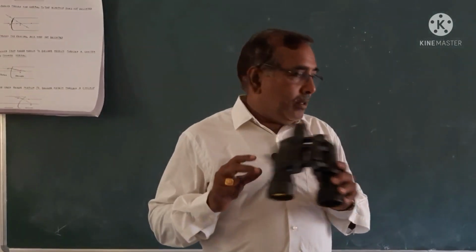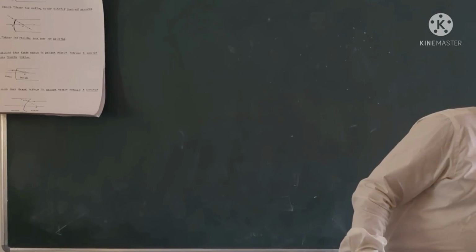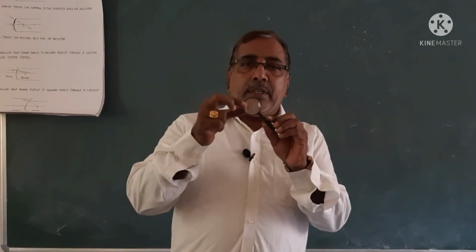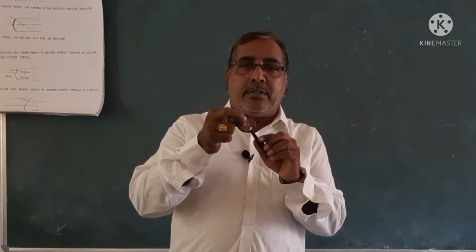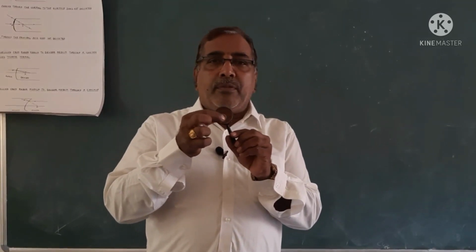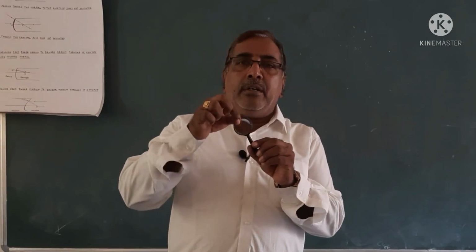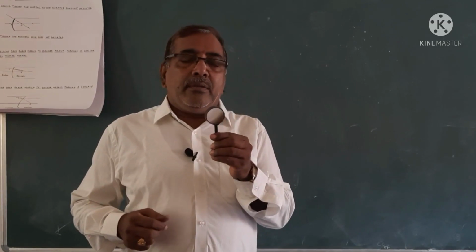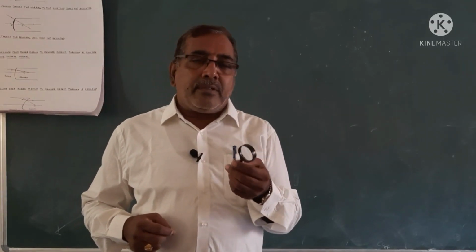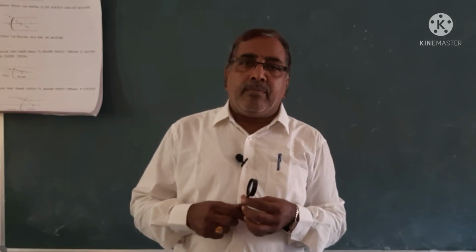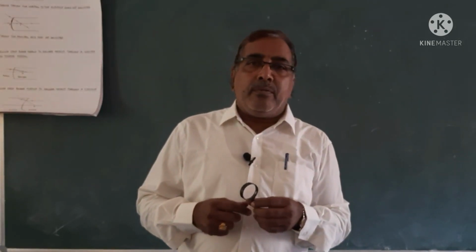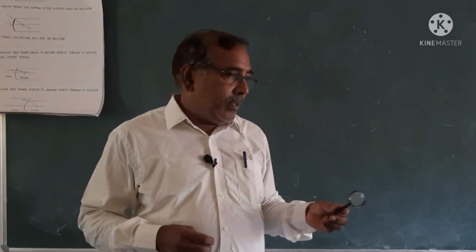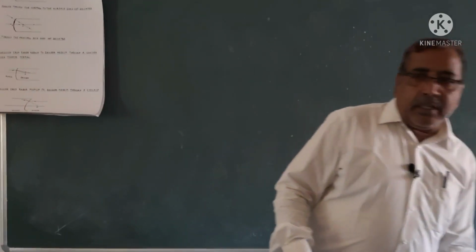They are thin at some places and thick at some places. Suppose this lens, when we touch it, the middle of this surface is thick and edges are thin. This is called convex surface. Similarly, watch repairers and dentists also use another type of curved surface. Those are called concave surfaces. Okay.